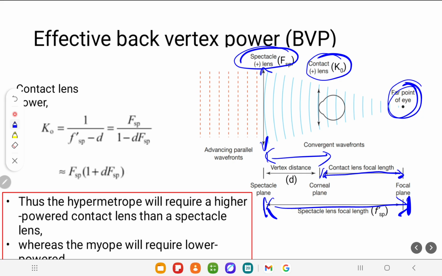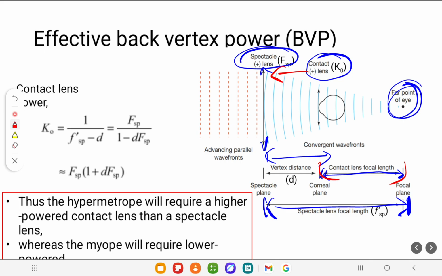So that's why whenever you shift from spectacle to contact lens, the power of the contact lens we have to increase, isn't it? Because of this shorter distance of focus, that's the effective back vertex power, isn't it? And whenever you switch from contact lens to spectacle in plus lens, the power of that spectacle decreases as compared to the contact lens, and that's the game, isn't it?